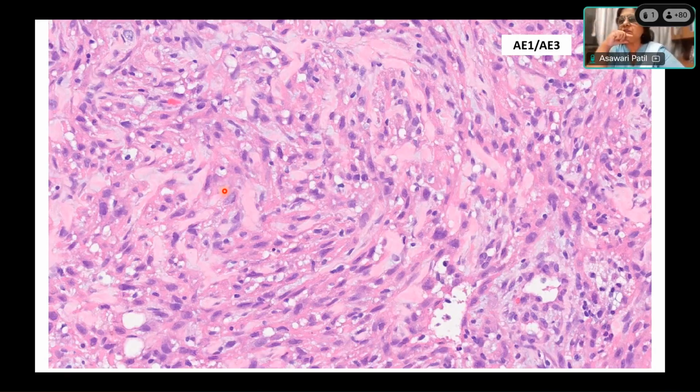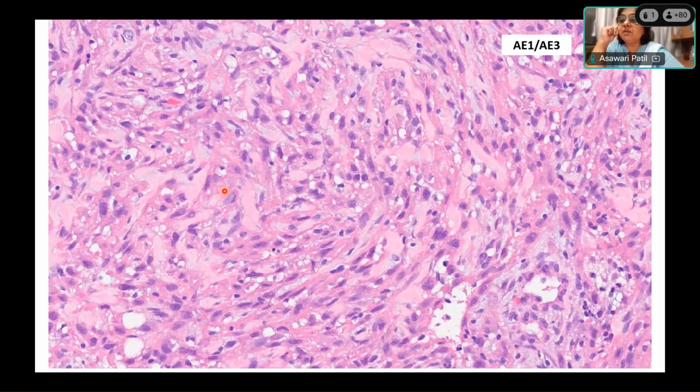Now the previous case you saw osteoid, you saw chondroid areas, right? If we wouldn't have got any epithelial component, will you call it a primary sarcoma? Will you call it primary osteosarcoma of breast?